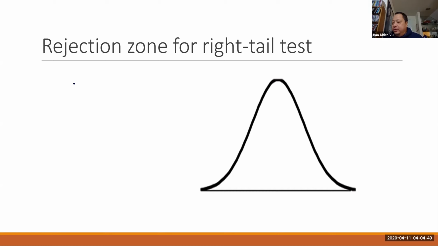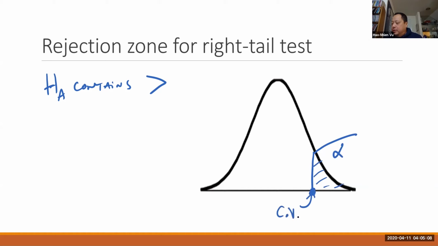So for a right tail test, that means our HA contains the greater than symbol. We would have an alpha that's given by the problem as an area. We would have a cutoff here that we call the critical value. And this portion is the rejection zone.